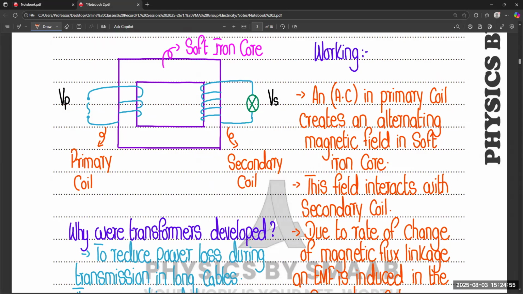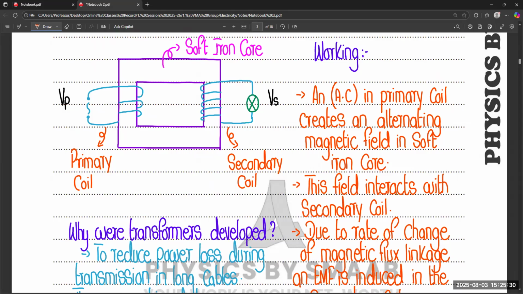But let's suppose you flip this diagram, and we have more number of turns in the primary coil and less number of turns in the secondary coil, so that gives you the concept of a step down transformer. So this is the difference between the step up and step down. Very simple. Just increase the number of turns in the primary coil, so that gives you the concept of step down. And if you increase the number of turns in the secondary coil, that is the idea of a step up transformer.